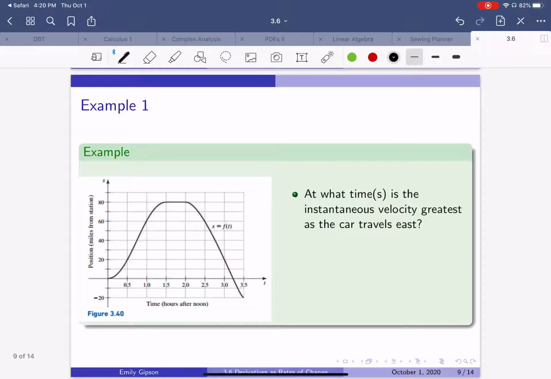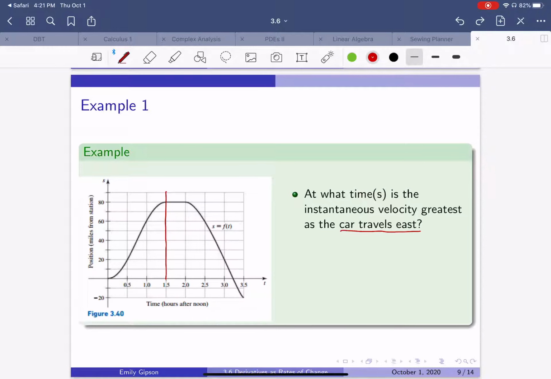Finally, at what time is the instantaneous velocity greatest as the car travels east? And so we're asking, at what time is the slope of the tangent line the steepest as the car travels east? Now I'll give you a hint. We're only concerned with this first portion of this graph. And we really have, again, 3 little sectors.